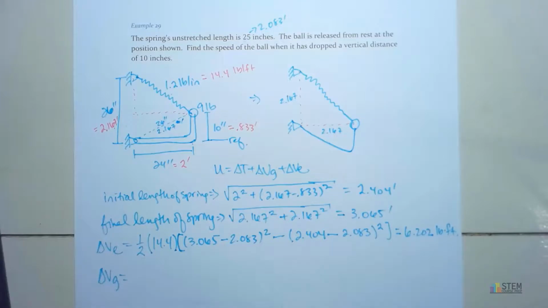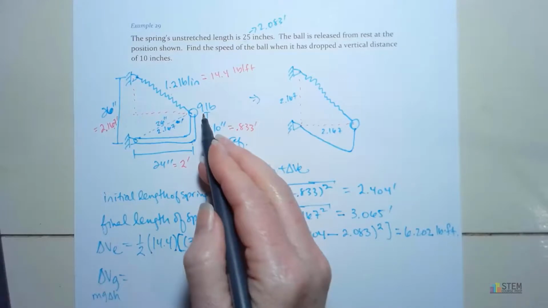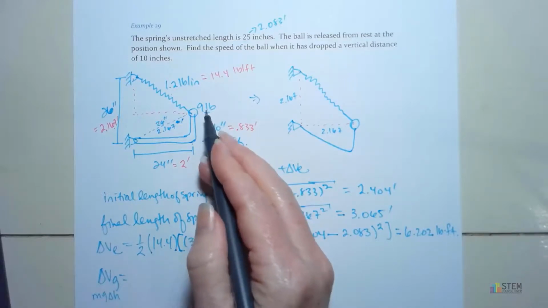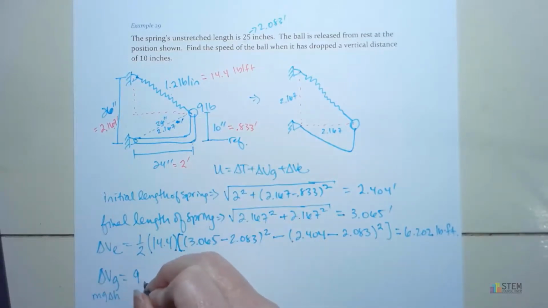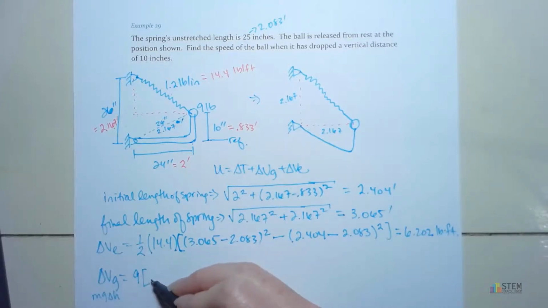And this equation, remember, this is mg times delta H. So mg, well, that's weight. I was given weight, right? It's 9 pounds.